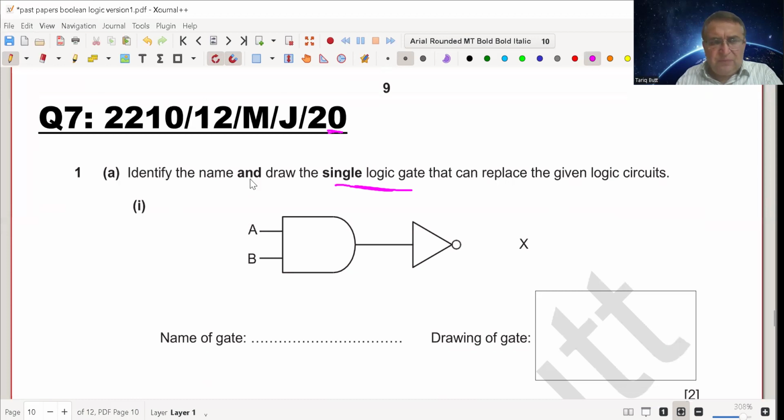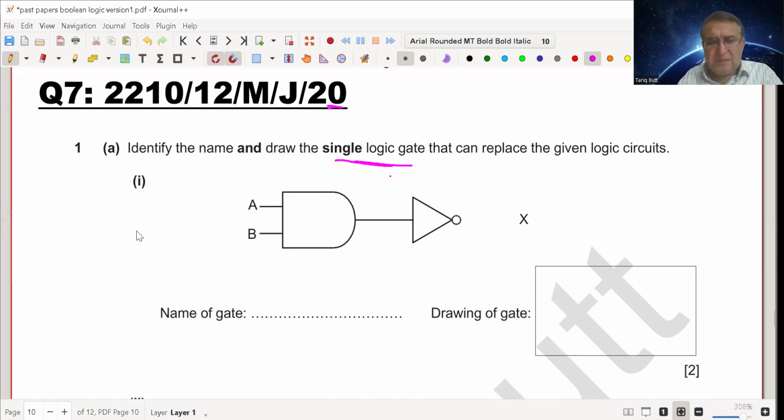You have to identify the name and single logic gate that can replace this given circuit. So you know what this is? This is AND followed by NOT. What is that gate? Yes, you're right. That is the NAND gate.